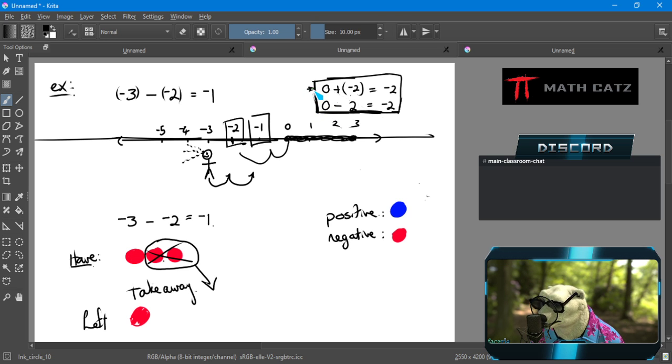The number line model in its basic pure form handles this very differently. It says if I have 3 things, I have the first number, I have the operation, I have the second number. The number line model says stand at the first number, look according to the operation, move according to the second number.